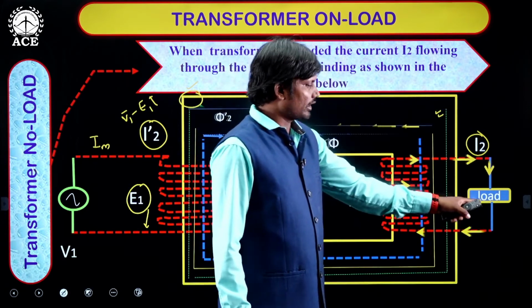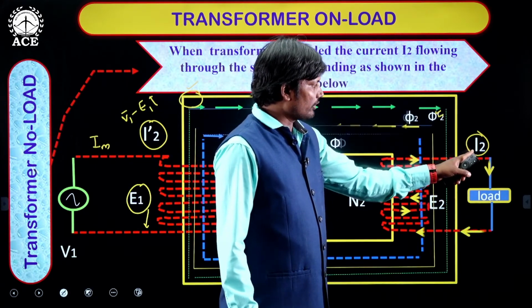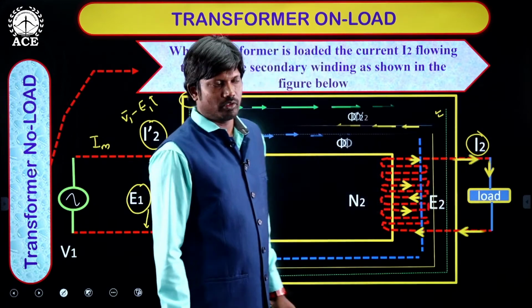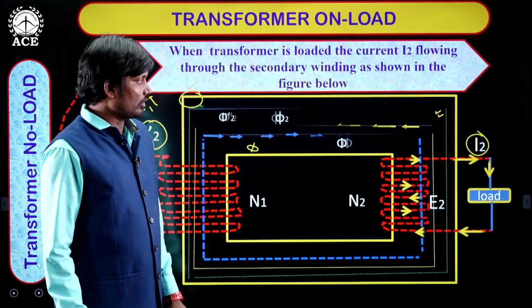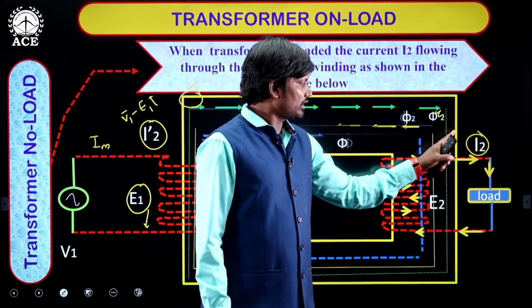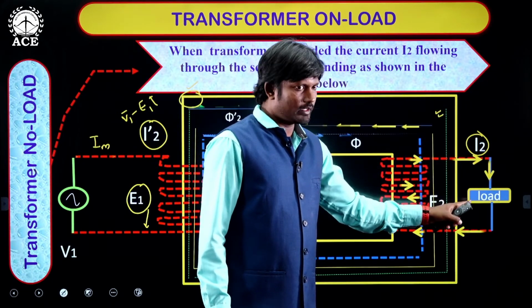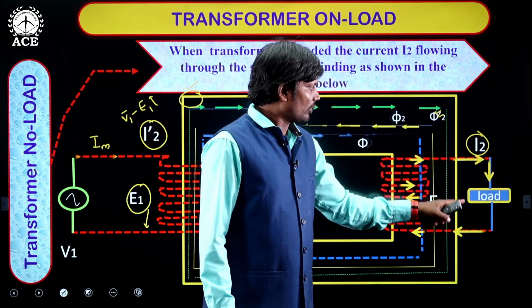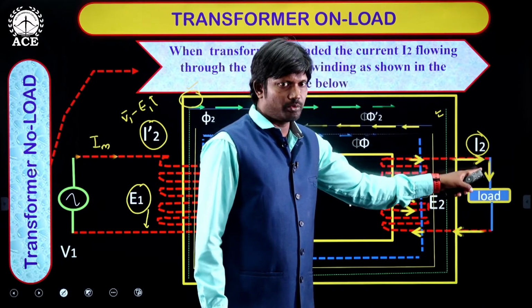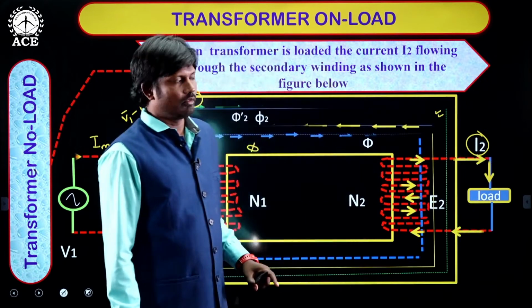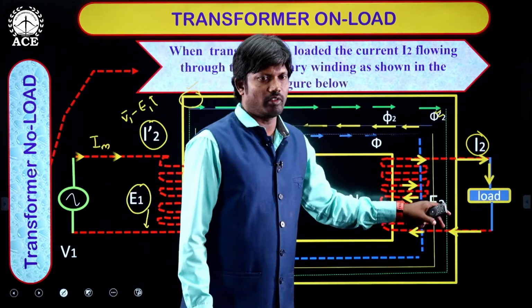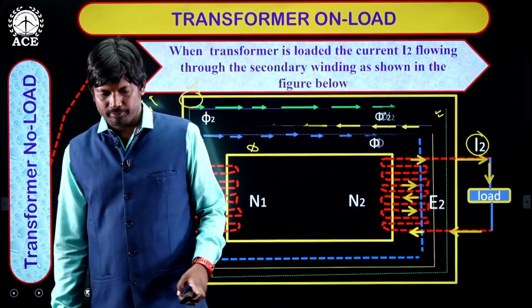If the load is resistive, this current I2 is in phase with V2 or E2. So, remember these three conditions: when the load is inductive, capacitive, or resistive, what is the relation between I2 and V2? Because we use these relations for drawing the phasor diagram later.